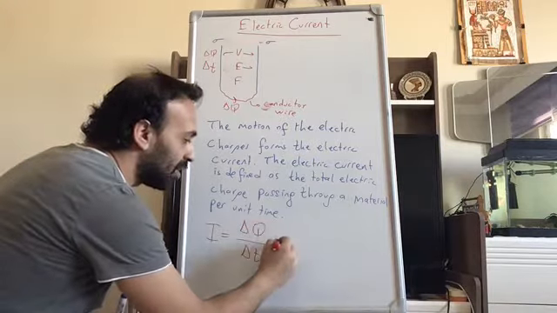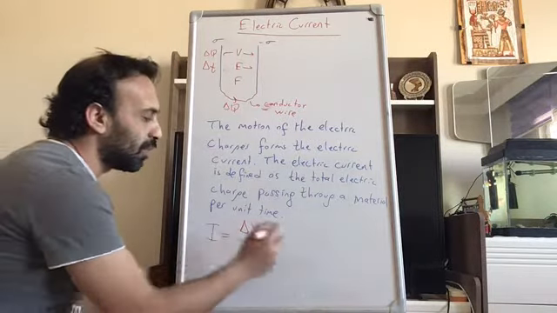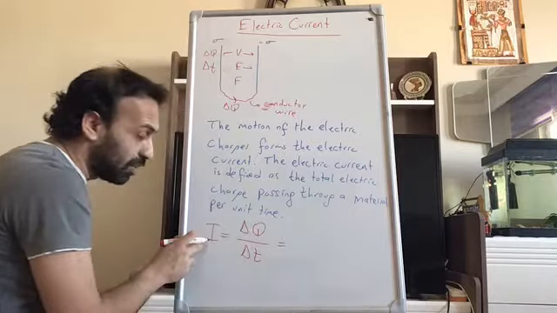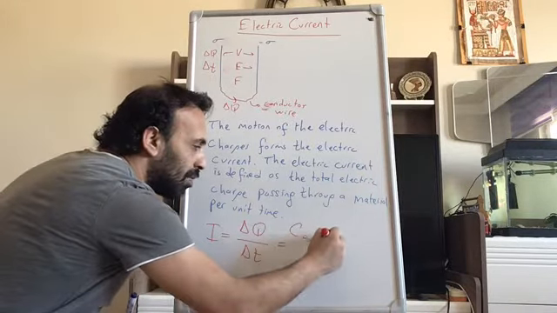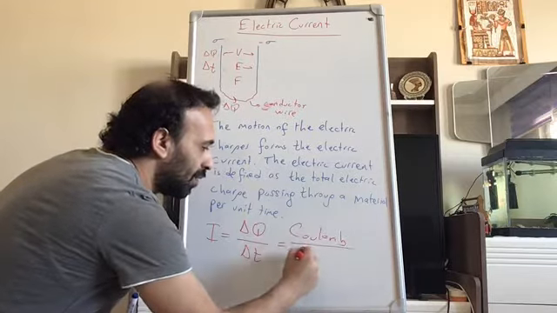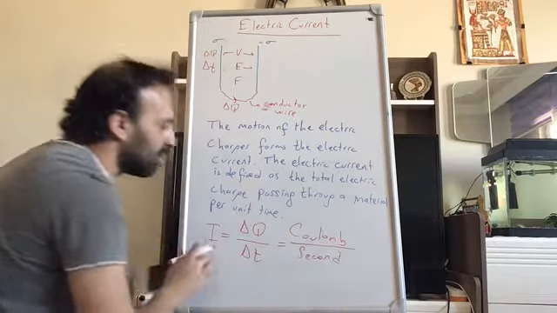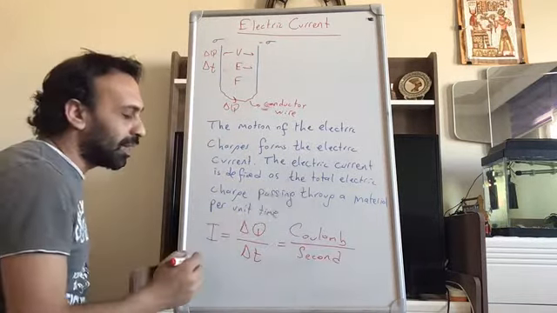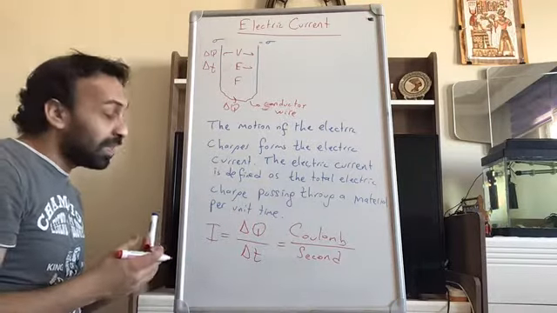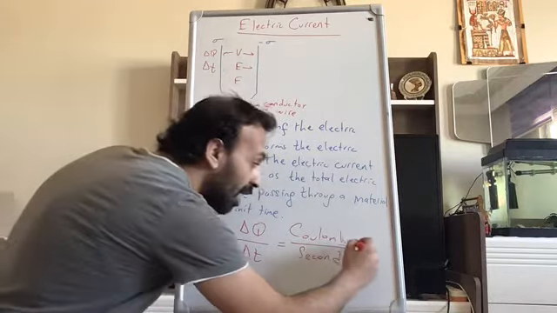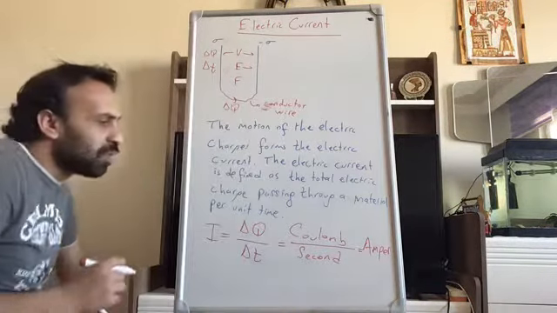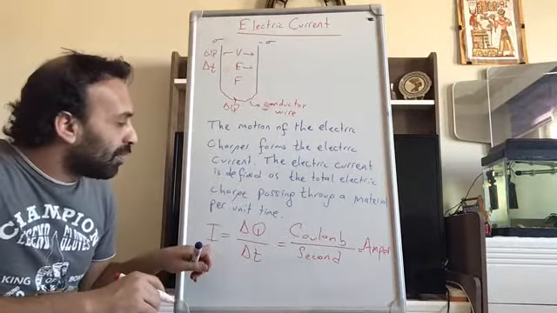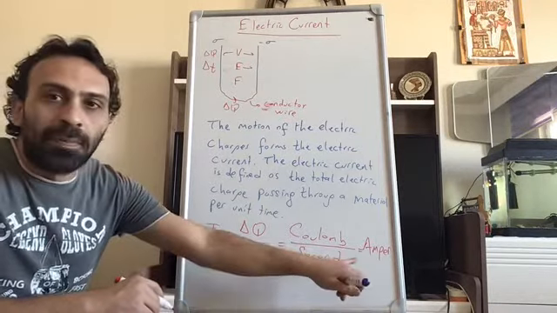The unit for electric charge is coulomb, and we use second for the time. So the unit of the electric current is coulomb per second, and we give it a special name, ampere. So we call the unit of electric current ampere.